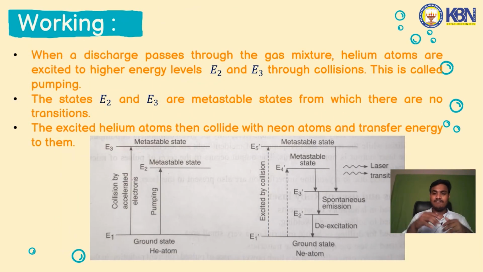Coming to the working principle of the helium neon laser, when an electric discharge passes through the gas mixture of helium and neon atoms, the helium atoms are excited from the ground state to the higher energy states E2 and E3.